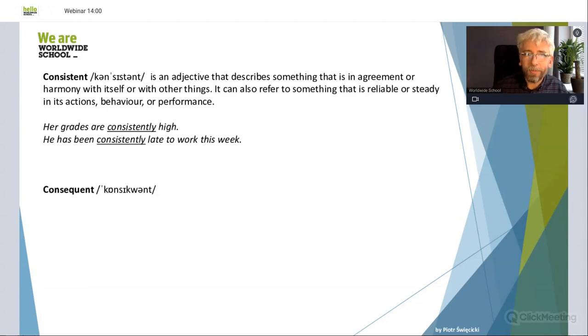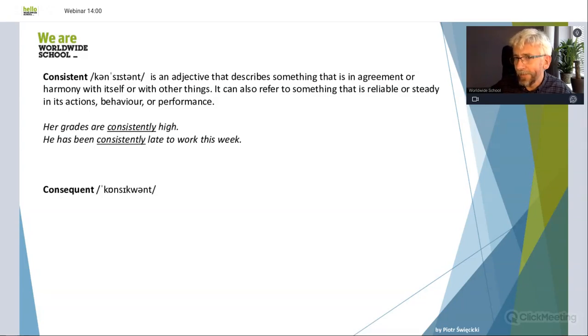It can also refer to something that is reliable or steady in its actions, behavior, or performance, right? Her grades are consistently high. He has been consistently late to work this week. Or if you are a manager or a parent, you have to be consistent with what you say and do, right? That's consistent. Być konsekwentnym.